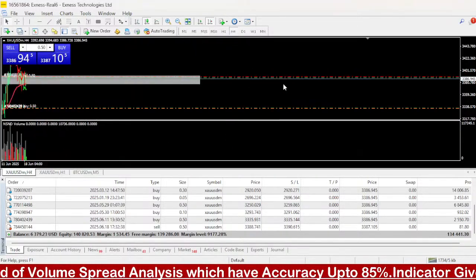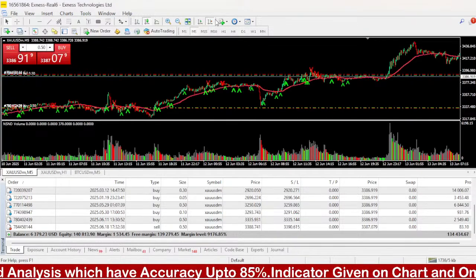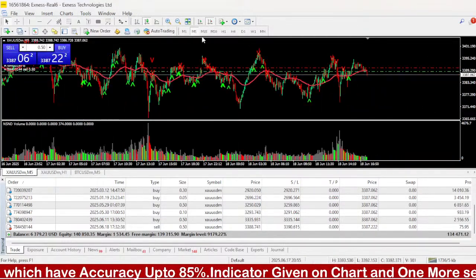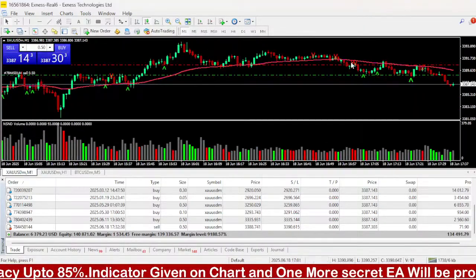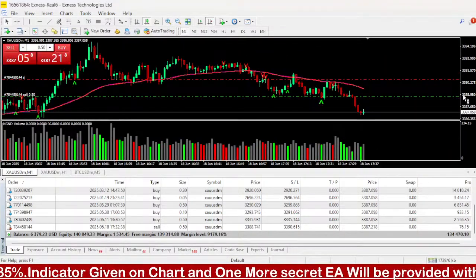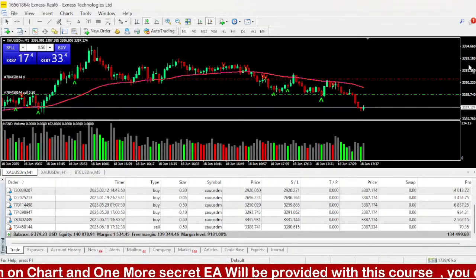I am trying to remove this box so it's easy for you to visualize the trade. I am on 1 minute, and here we have already done 1:1.